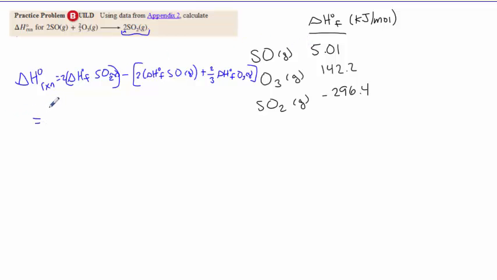Multiply that by 2. 2 times the standard enthalpy of formation of SO2. It's 2 for the SO.